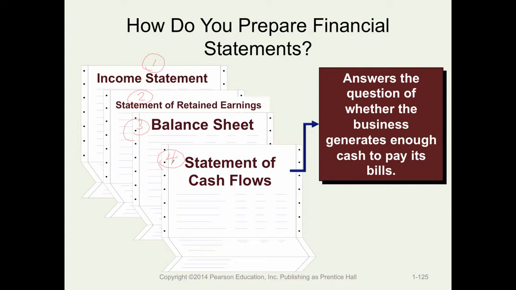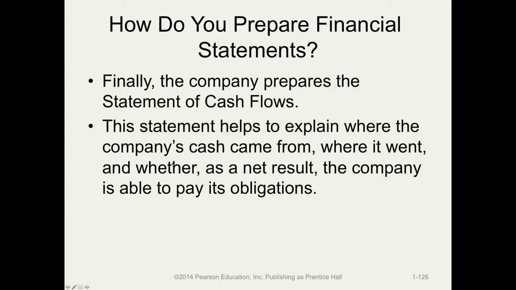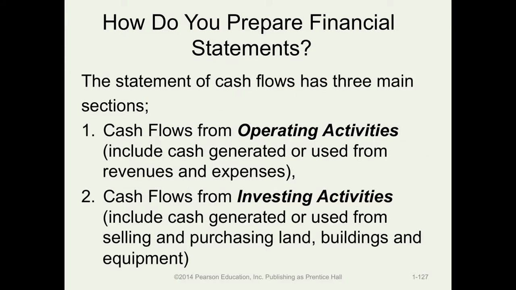Theoretically, what we're doing is converting the accrual basis into a cash basis. It is another flow statement, and it is over a period of time. So the company will prepare the statement of cash flows for a specific period of time, and it explains where the company receives its cash and how cash is spent.